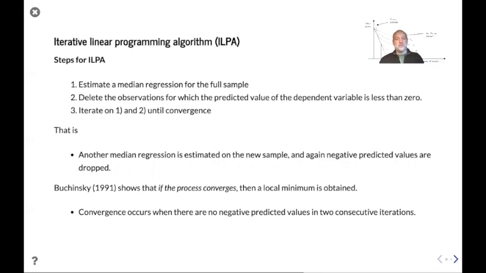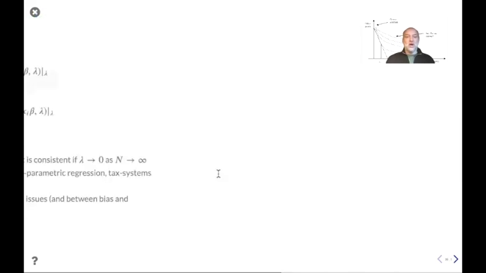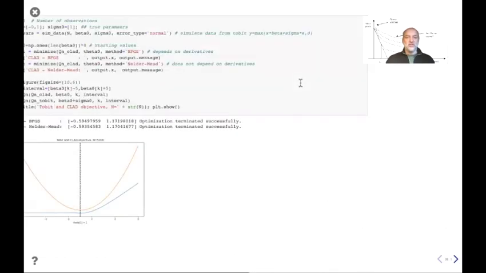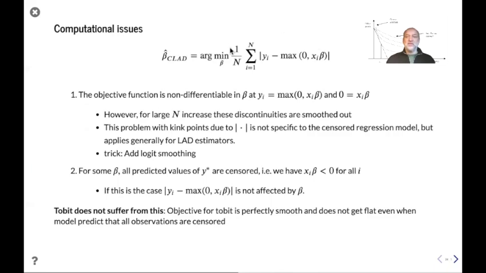It shows that if the process is converging, then at the local minimum you would have implemented this CLAD estimator. That is, this algorithm, if it converges, converges to a minimum of this objective function here, not the smooth one, of course.